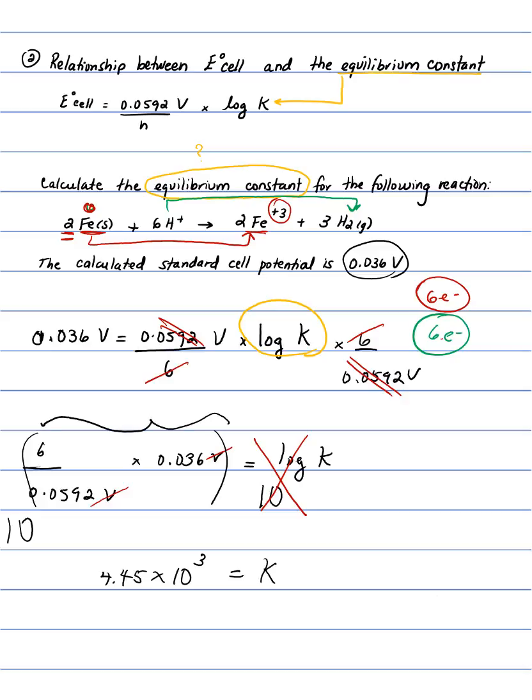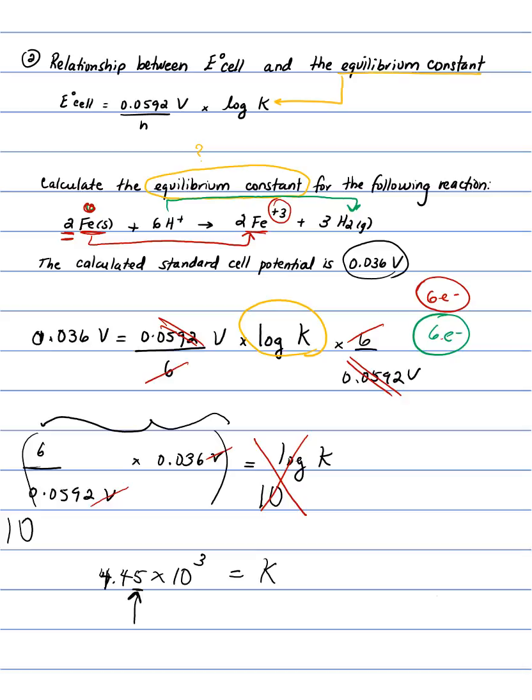And then you plug in that number in your equation for 10 to the whatever number you're getting, you will get something a little bit different from this one here, but that's okay. So you have a value of K in the thousands.